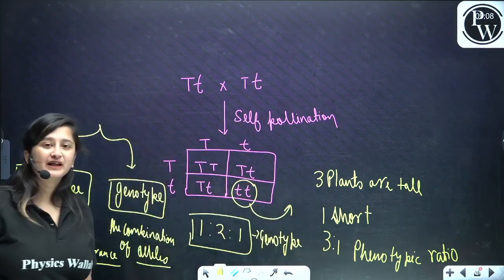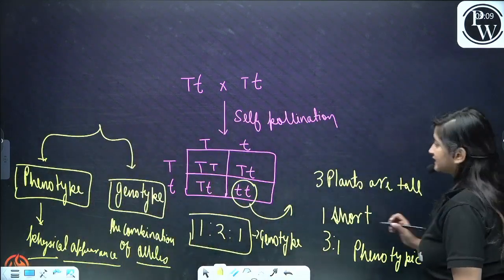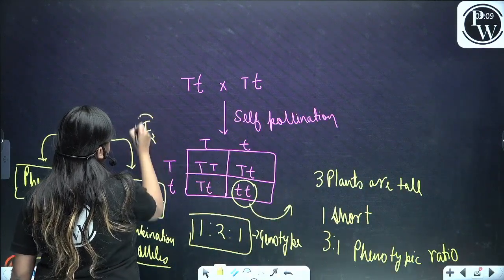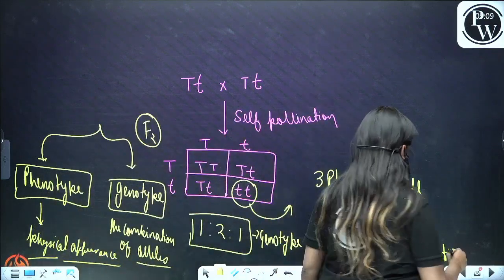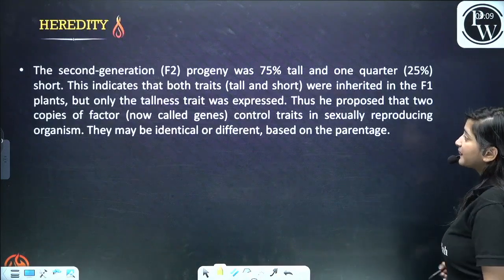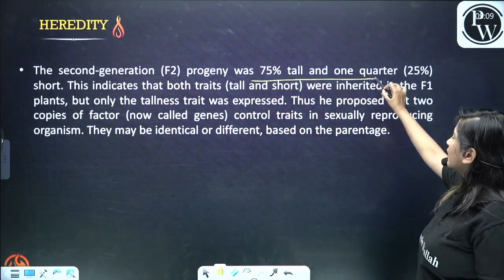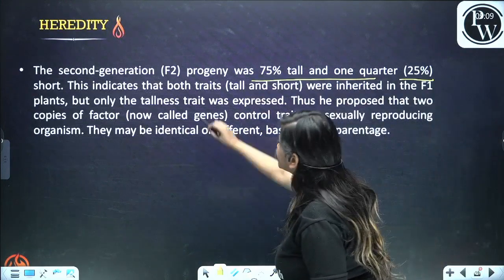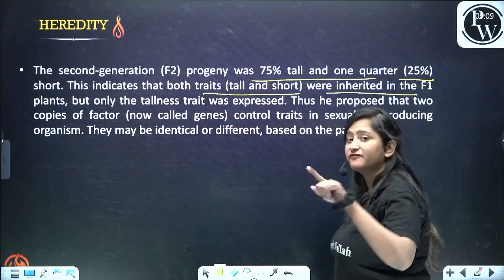Okay, clear? He has done this. And this is an F2 generation. Cool? Done? Okay, let's see. The second generation progeny, 75% are tall and 25% are short. This indicates that both the trait tall and short were inherited in F1 generation.